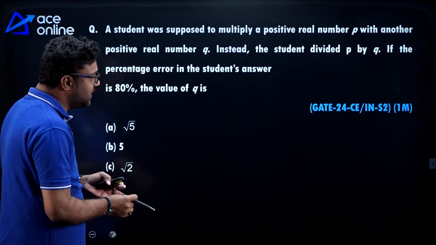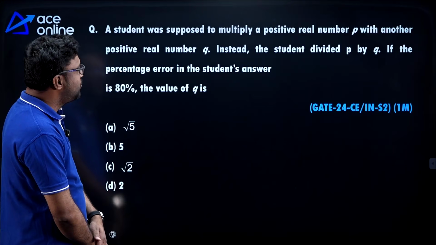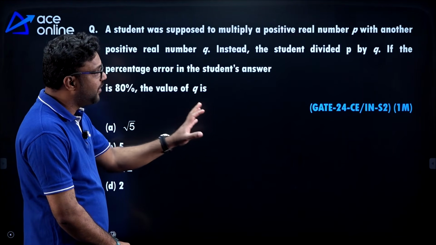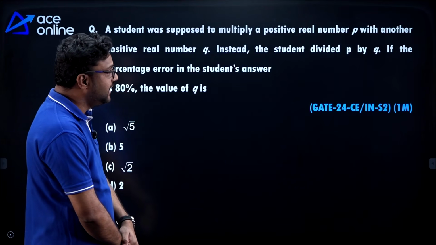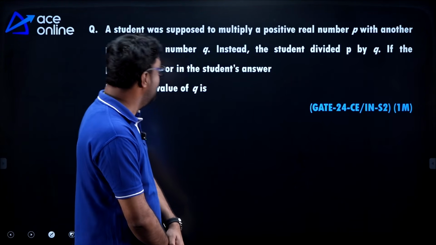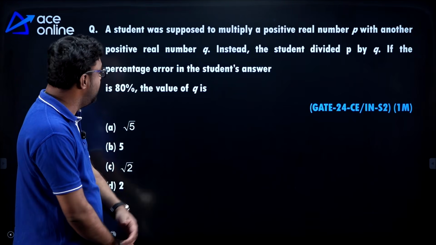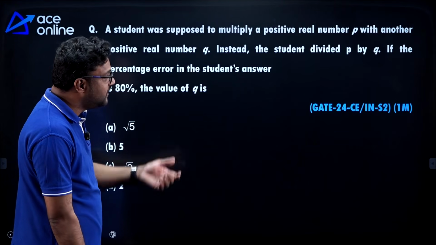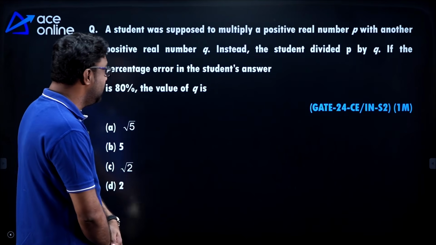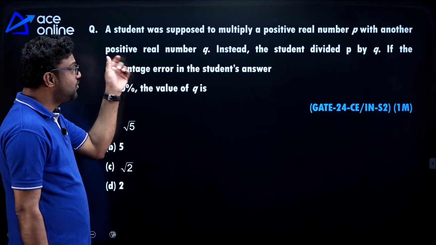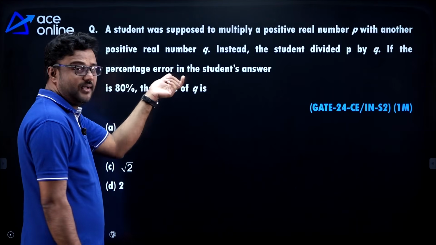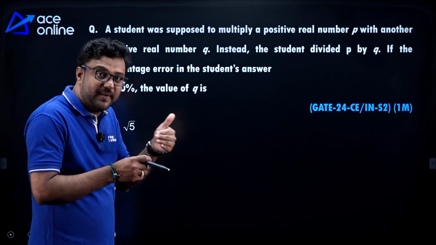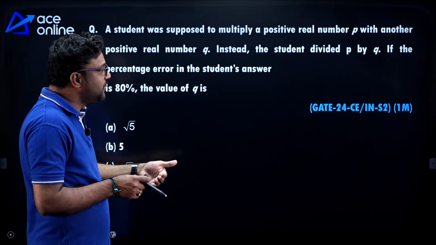Now see the question given in percentages. A student was supposed to multiply a positive real number p with another positive real number q. Instead, the student divided p by q. If the percentage error in the student's answer is 80%, what is the value of q? I repeat: p should be multiplied by q, that's the correct procedure.